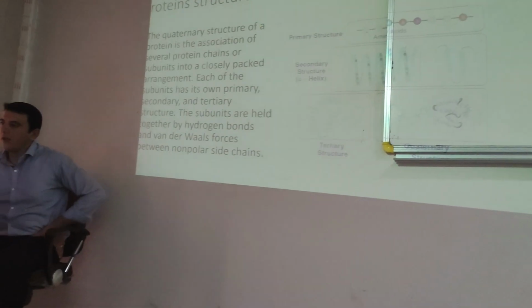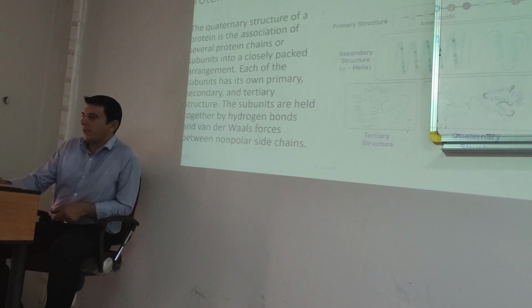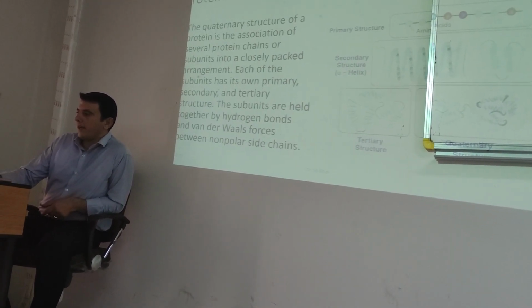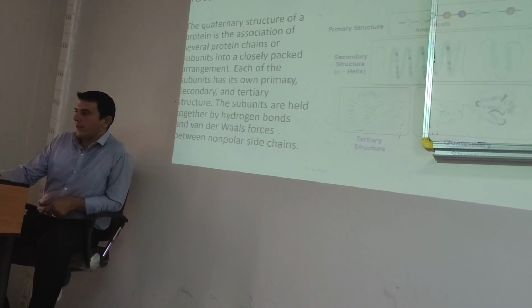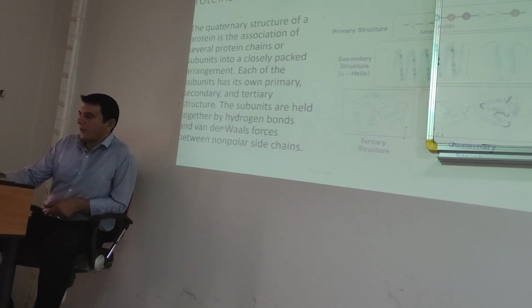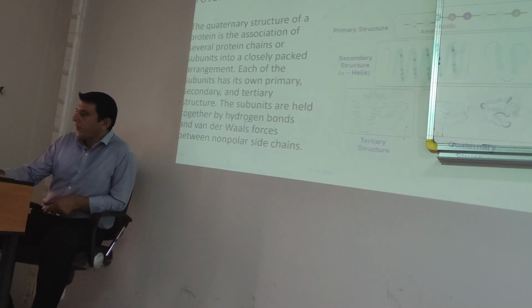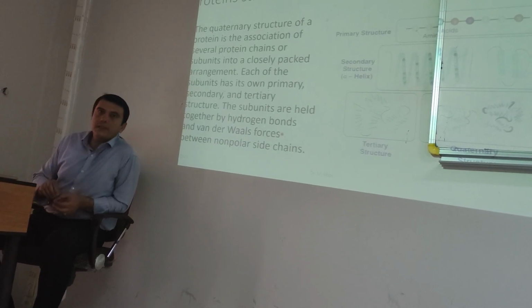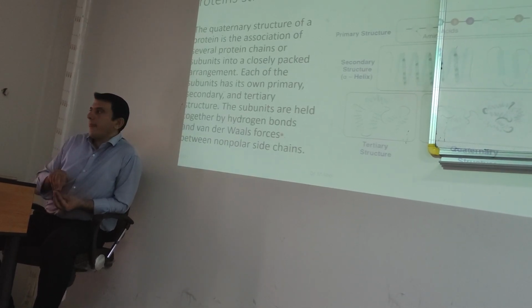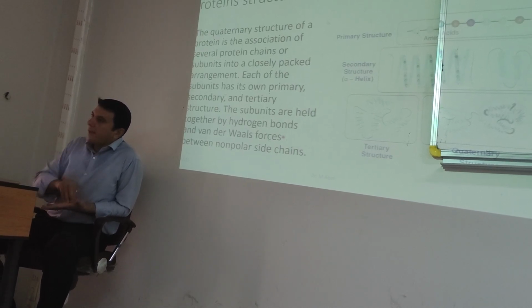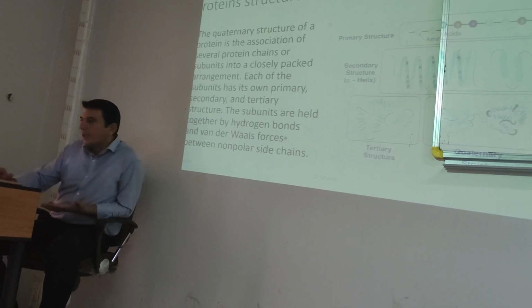The quaternary structure of the protein is the association of several protein chains or subunits into a closely packed arrangement. Each of the subunits has its own primary, secondary, and tertiary structure. The subunits are held together by hydrogen bonds and van der Waals forces. So the point is, what are the main interactions which stabilize quaternary structure?